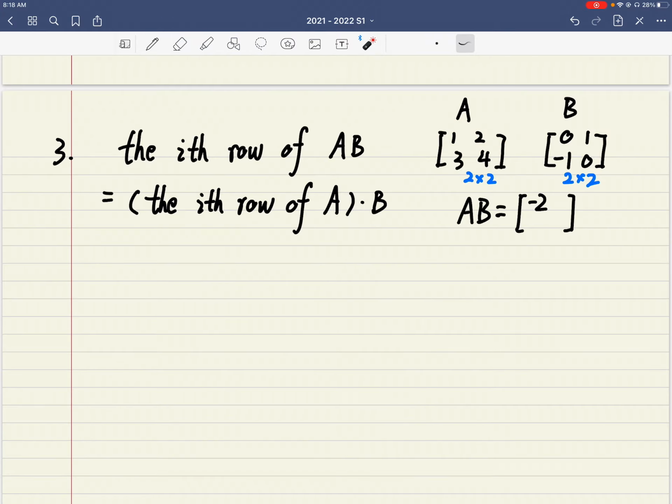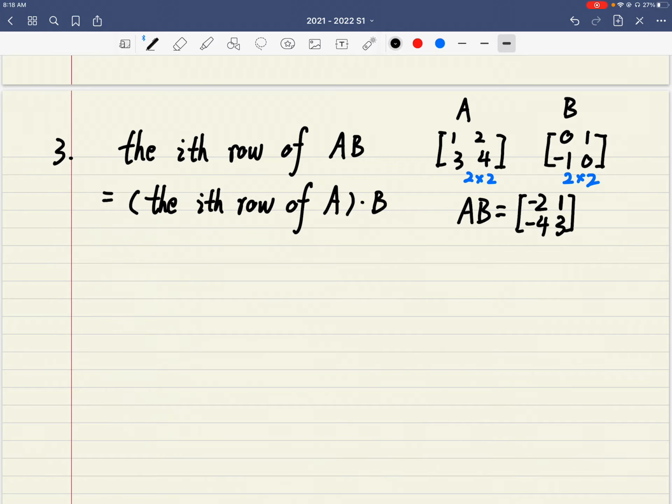It's 1 times 1 plus 2 times 0, which is 1 here. And the 2, 1 entry, this times this, it's -4. And the 2, 2 entry, 3, 4 times 1, 0, it's going to be 3.